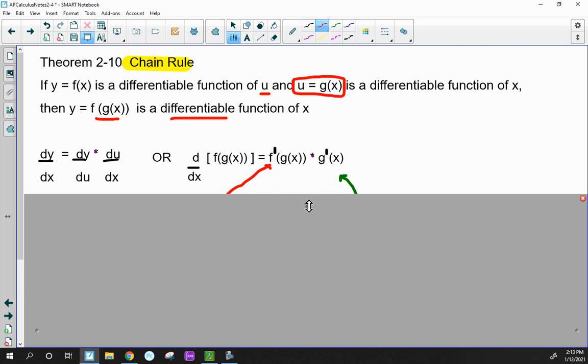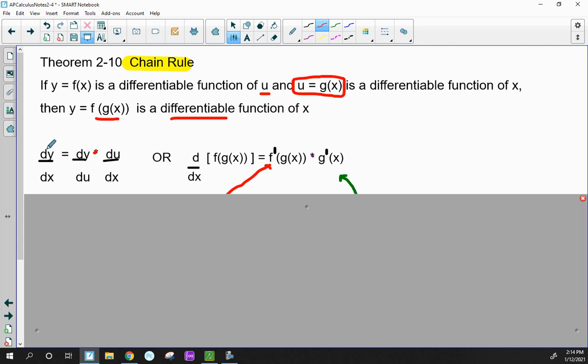Here's the notation your textbook uses. dy dx, the derivative of y with respect to x, and here's how you do that. You first find the derivative of y with respect to u. Again, remember u stands for the g, or the inside function, the g of x. You're going to multiply that by du dx.